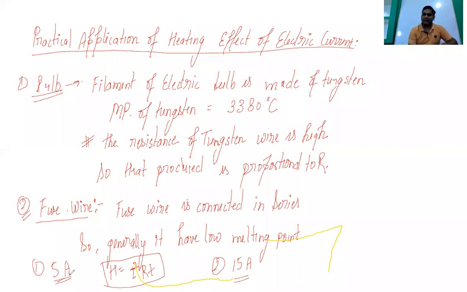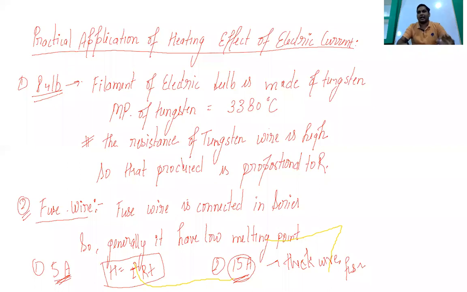If you are using 5 ampere and have a thick wire fuse, it is not going to work because it is not going to melt. If you are using 15 ampere and have a thin wire fuse, it will melt suddenly because the current is very high. So in this case we require a thick wire fuse, but here a thin wire fuse is required.